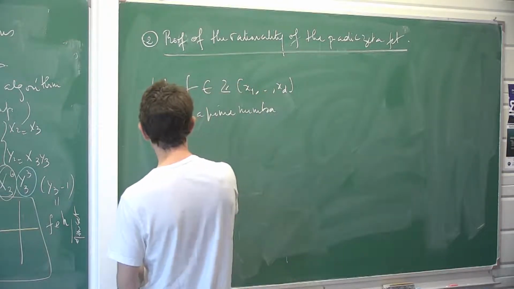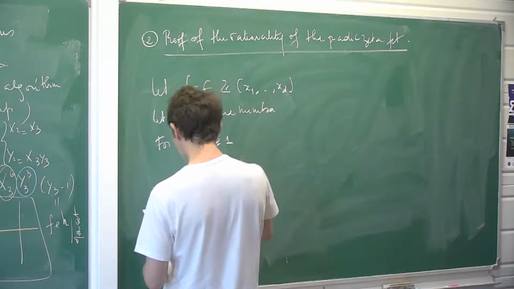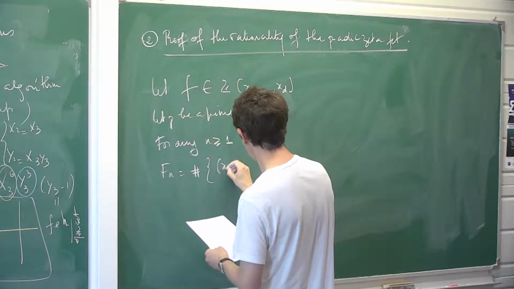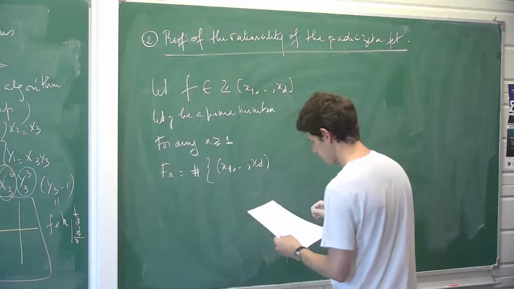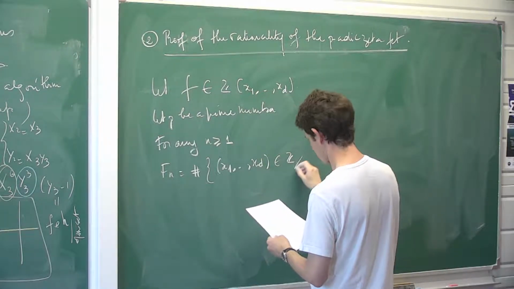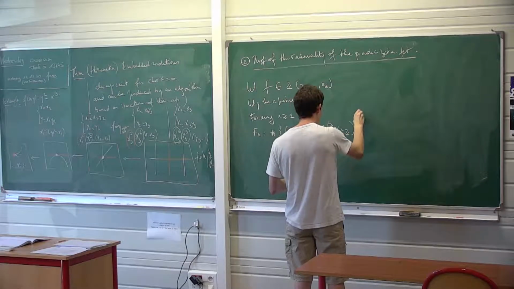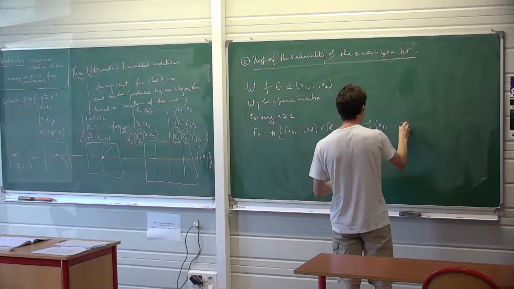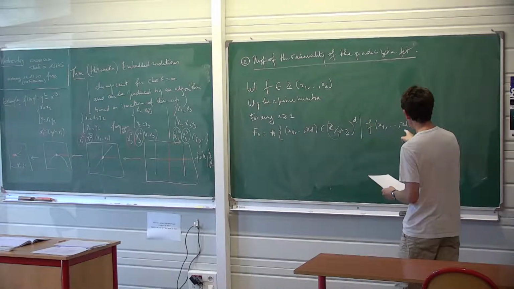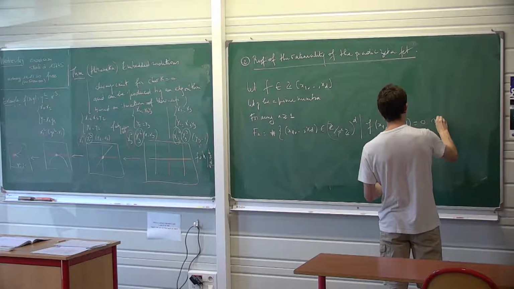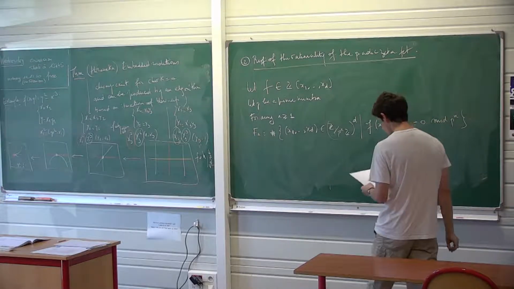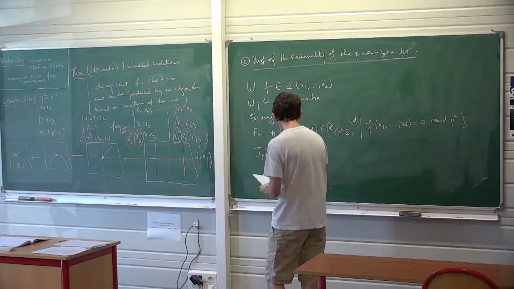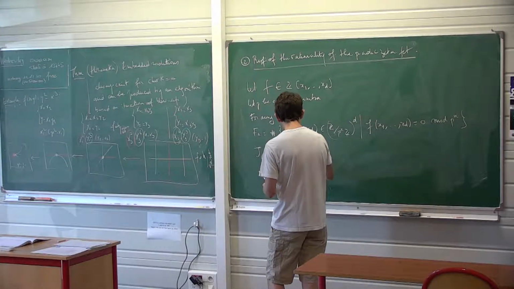For any n, I denote by f_n the cardinal of the points in that ring such that you have a solution of f modulo p to the n, and we have denoted by Z_f(t) the zeta function, the sum for n larger than 1 of f_n and t to the n.